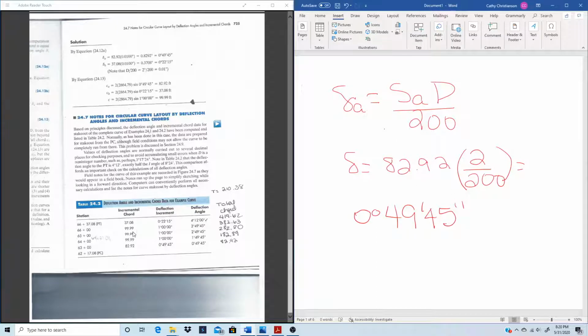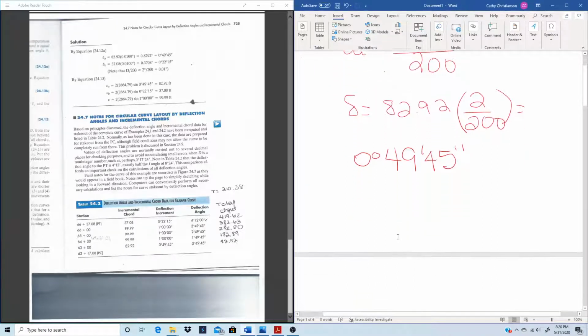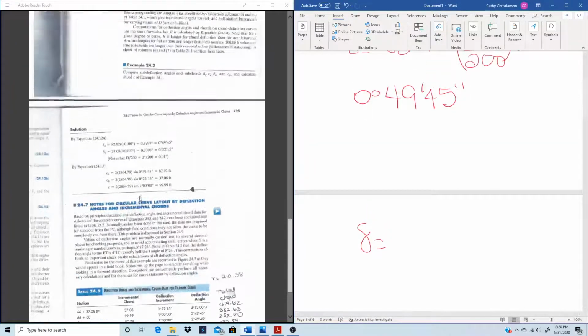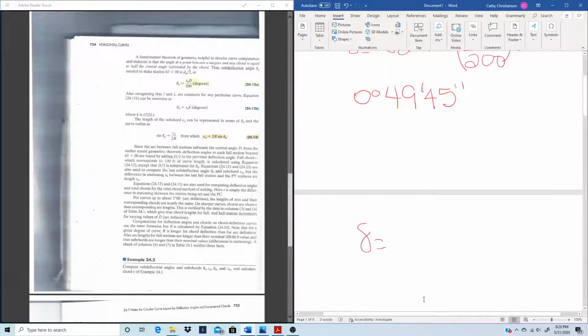Now, because these are all 100, those are easier to do. So if I want to do that, I'm going to say deflection equals SA over D divided by 200.